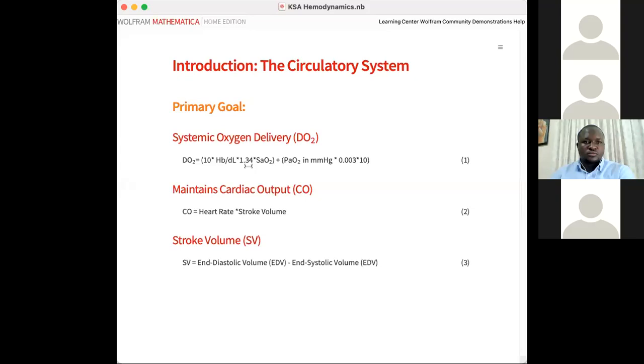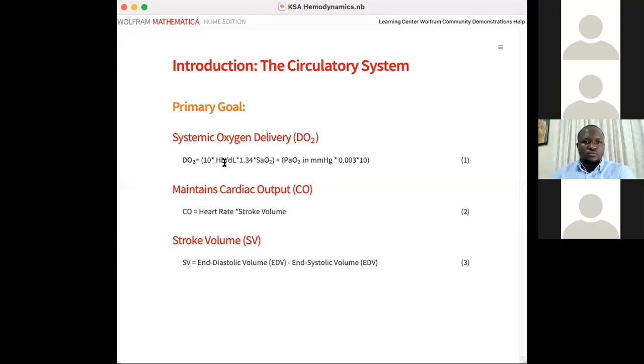So a great majority of systemic oxygen delivery is actually subserved by your hemoglobin, and a very small proportion is actually taken care of by the oxygen that goes into solution. So basically, this is the equation that talks about systemic oxygen delivery.